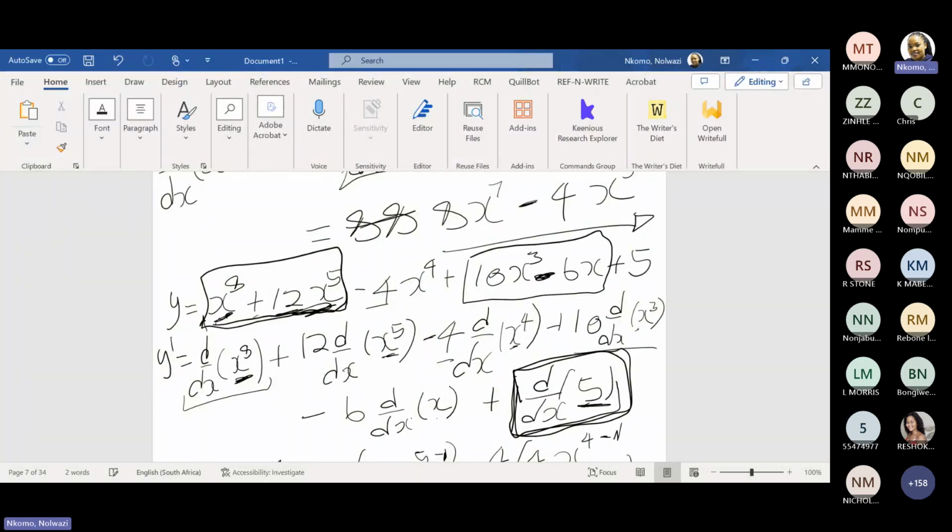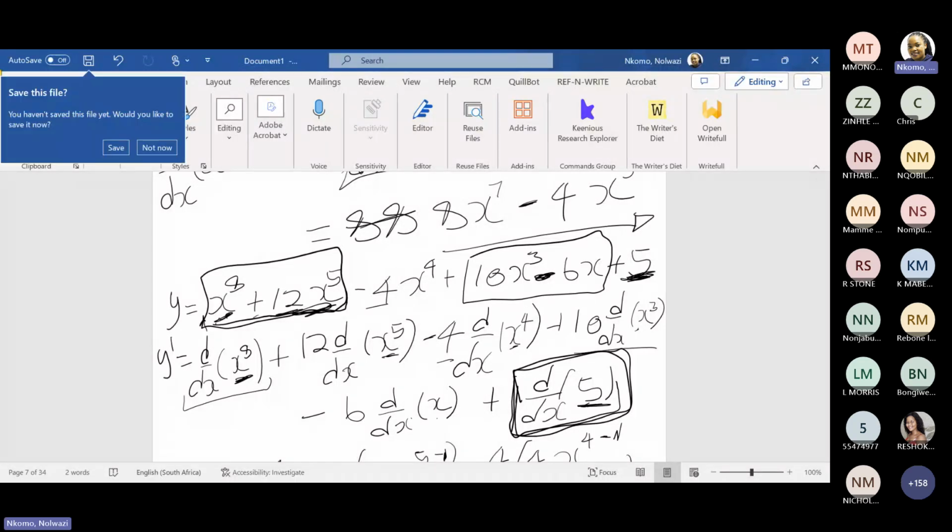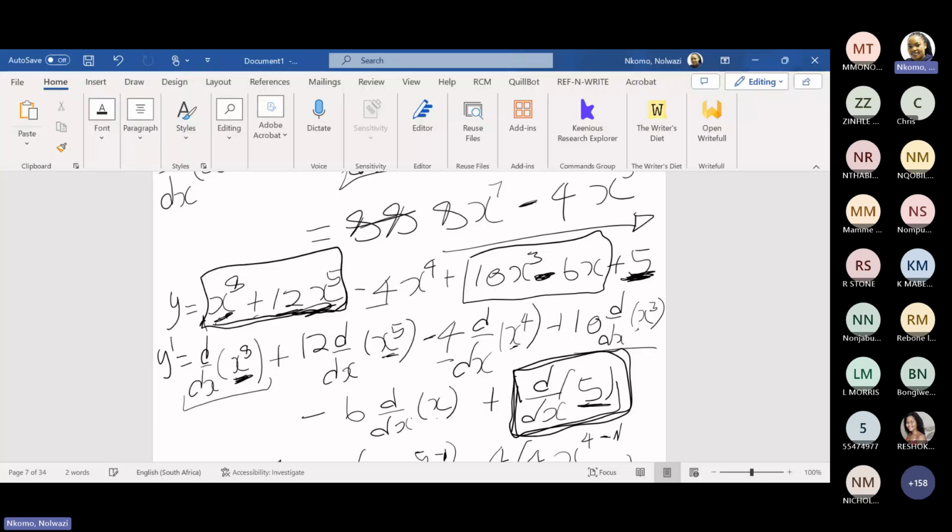Finding the derivative of a constant is rule 1, right? And then we apply the power rule, which is rule 2. And then we have a constant times a function where we take out the constant, that's rule 3. So you see, we've applied all 5 rules in one function.